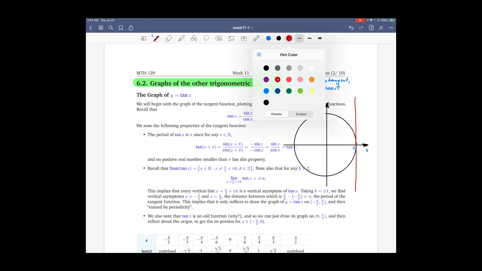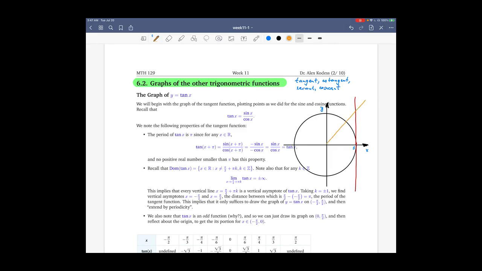Meaning what? Meaning that if I have an angle x, measured as we always do from the positive direction of the x-axis, then this distance here is tangent x.